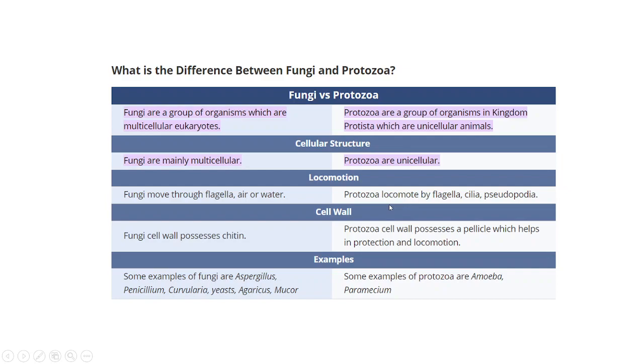Protozoa locomote, that is one of the characteristics that they have that are very similar to animals, like we also use locomotion and movement, right? So protozoa locomote by flagella, cilia, and pseudopodia. And fungi cell wall generally possess chitin basically, while protozoa cell wall possess pellicle, which helps in their protection and locomotion. And these are some of the examples of fungi and protozoa.